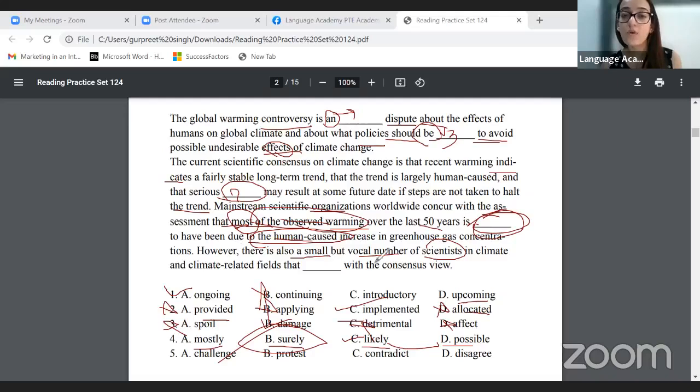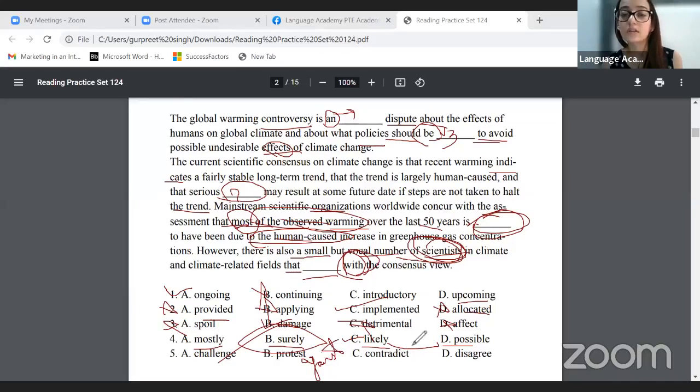However, there are small but vocal number of scientists, means plural is the topic, plural is the noun, scientists that dash with. So scientists is plural, we need a verb without s, that is the first thing, and the verb should also match with the word with. So scientists that challenge with, scientists that protest with, so protest comes with against something or someone.